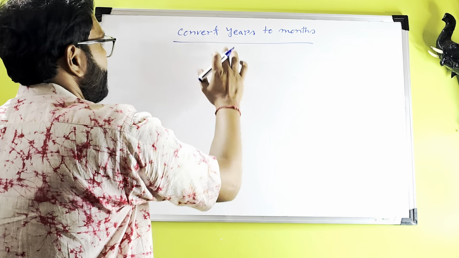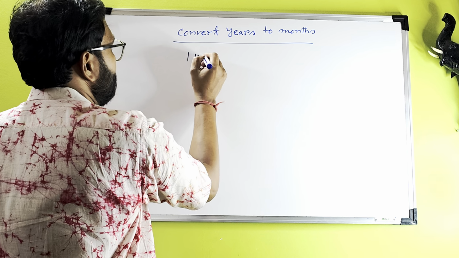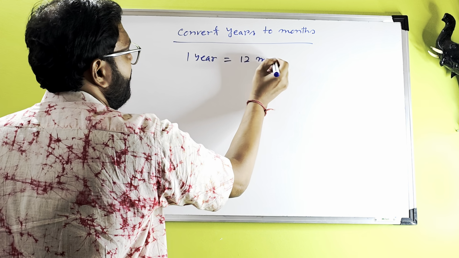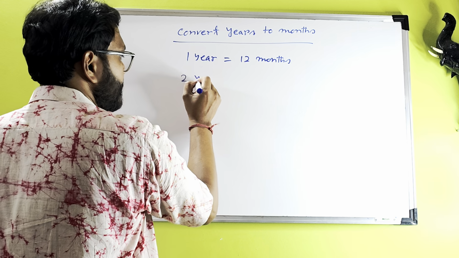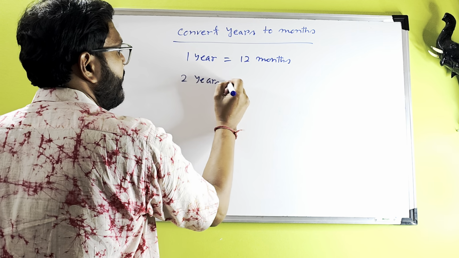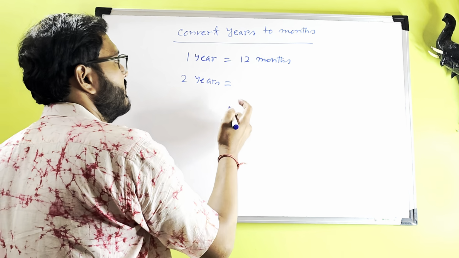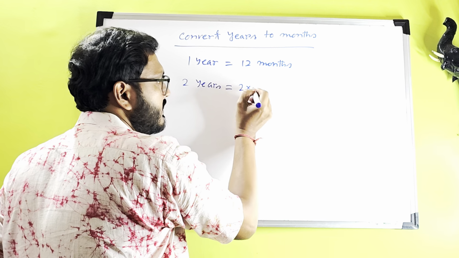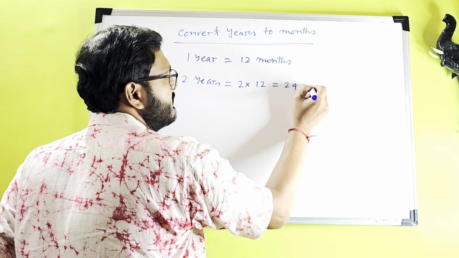So, convert years to months. We know that 1 year equals 12 months. So if I ask you, 2 years, how many months? 2 years equals 2 into 12, so 24 months.